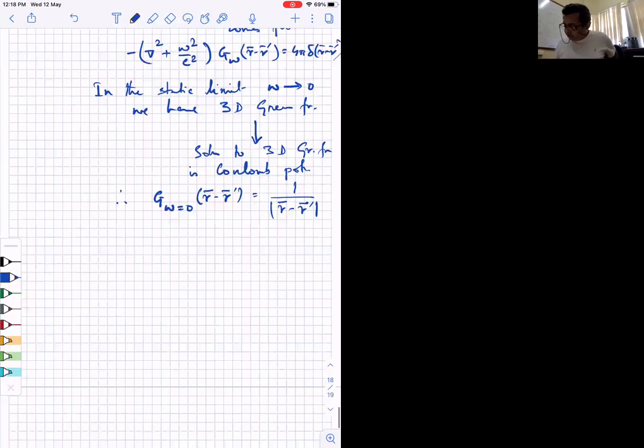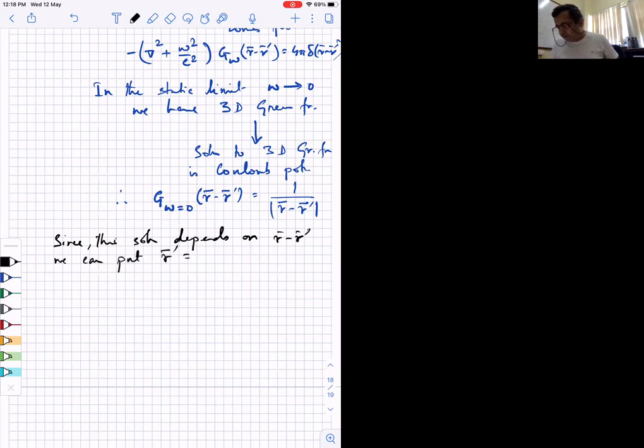Since this solution depends on R minus R prime, we can put R prime equal to 0.